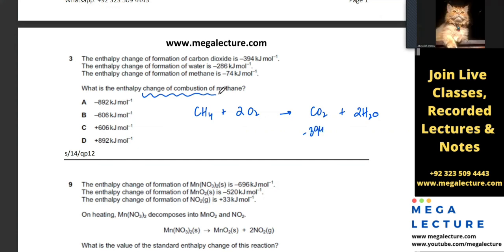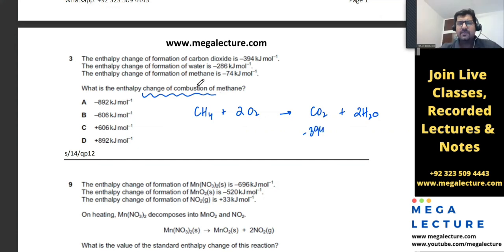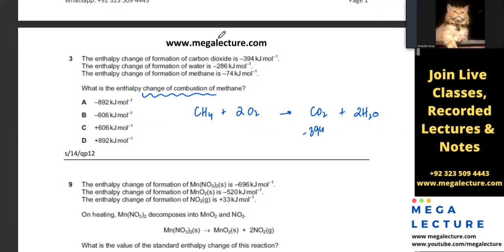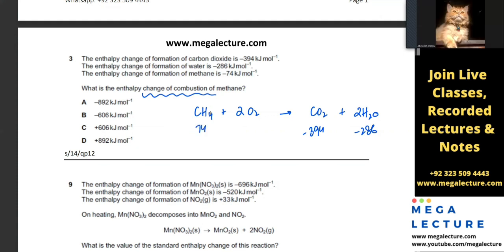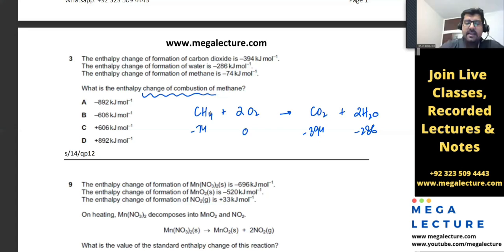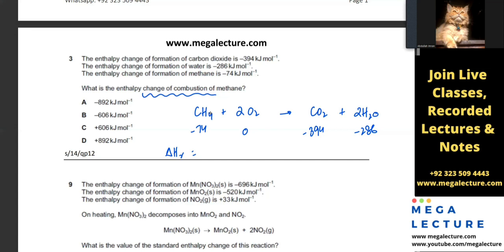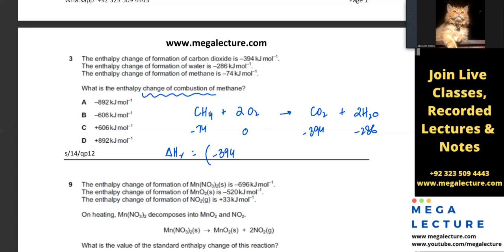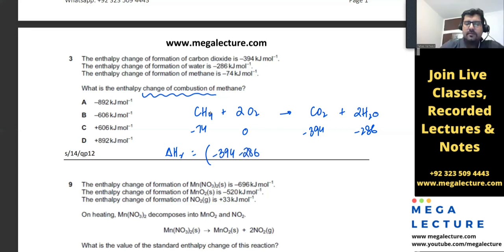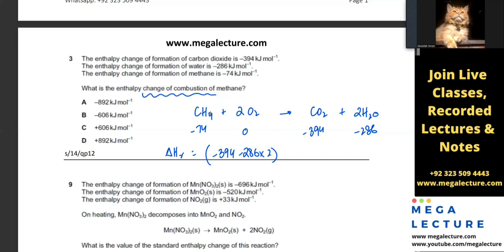Whatever the equation is, whether it's combustion or neutralization, we don't care about the equation. All we care about is the data that's given. So carbon dioxide minus 394, water minus 286 for this one. And we've got methane enthalpy of formation, which is minus 74. And oxygen would be 0. So product minus reactants, right? So the enthalpy of the reaction would be equal to product, which is minus 394 and minus 286 times 2, minus reactants.